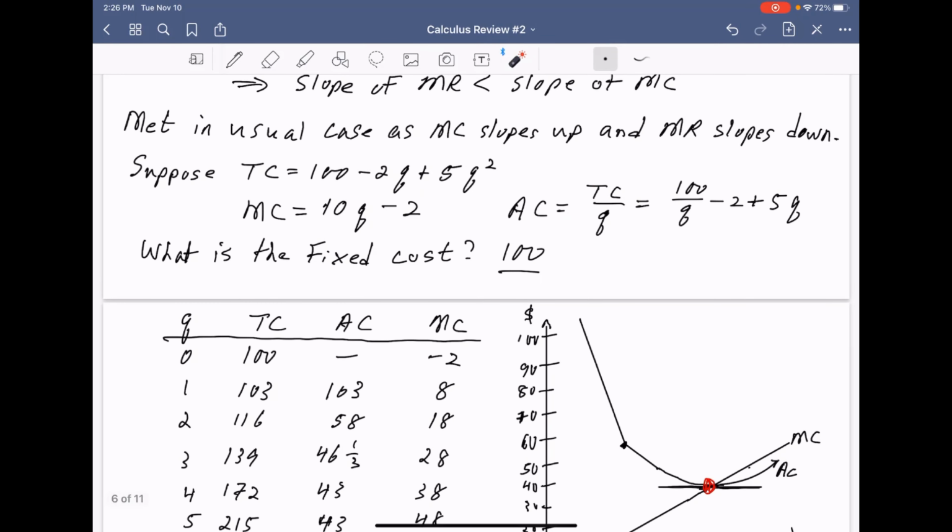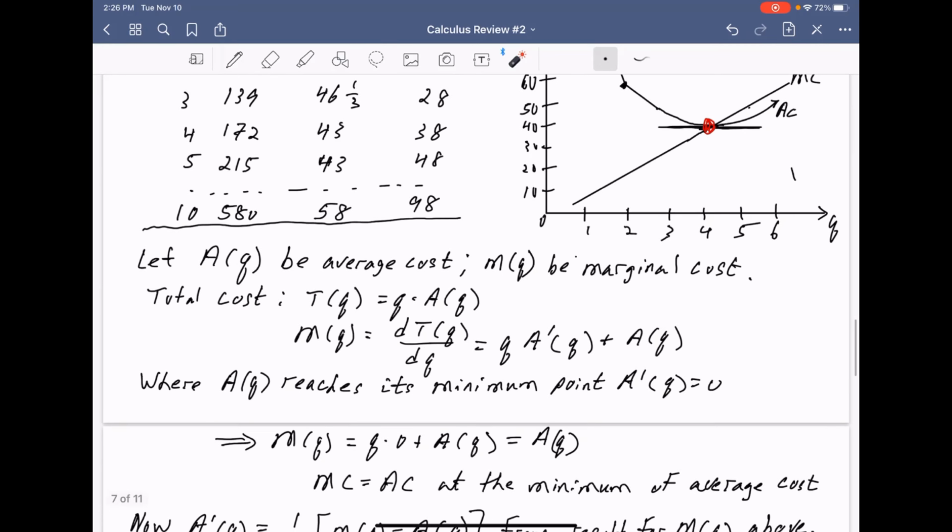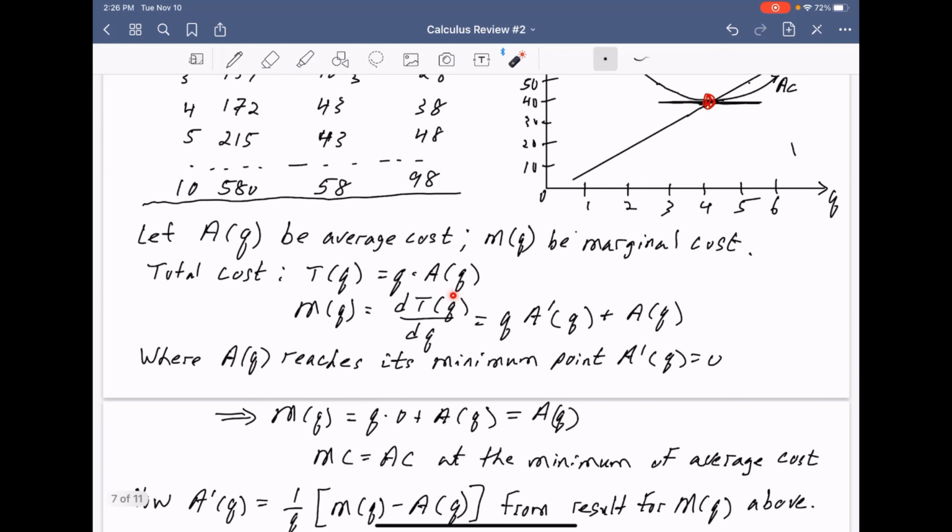Total cost is, move that over, and you get average cost times Q. The marginal cost is the total derivative of the total cost with respect to dQ, which, when we do that, is Q times the derivative of this plus AQ times derivative of Q with respect to Q, and we get Q A prime Q plus AQ, because that Q just drops out for this particular second term.